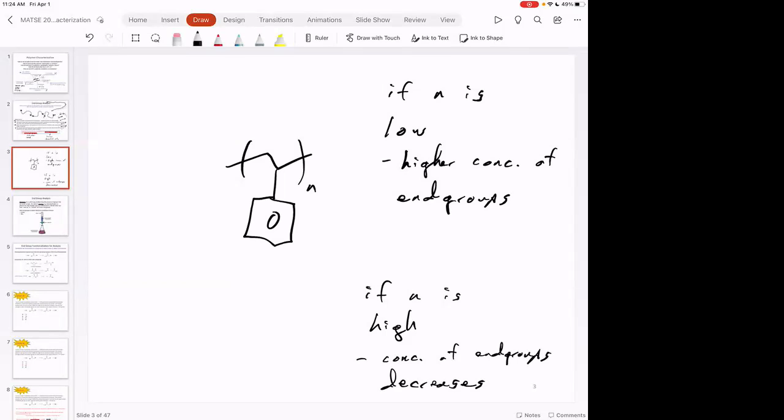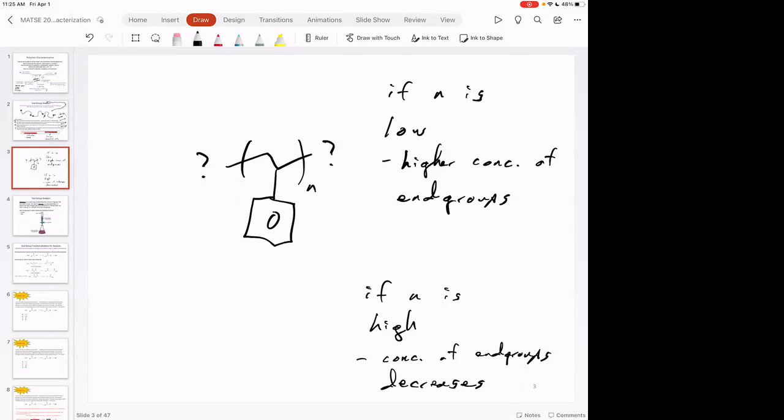So what's an end group on polystyrene? It's undefined in this structure, right? We don't know what's on each end of polystyrene. But when you synthesize polystyrene, or when you make a polymer, what types of polymers have we studied where you have a well-defined end group?